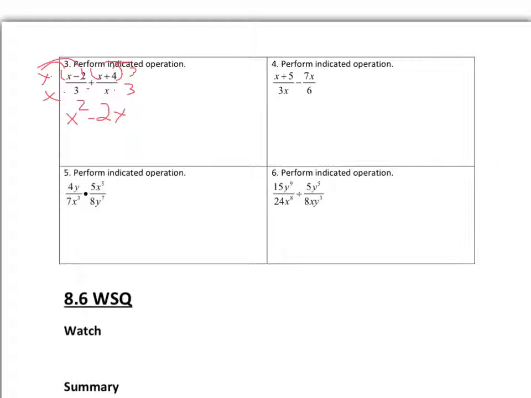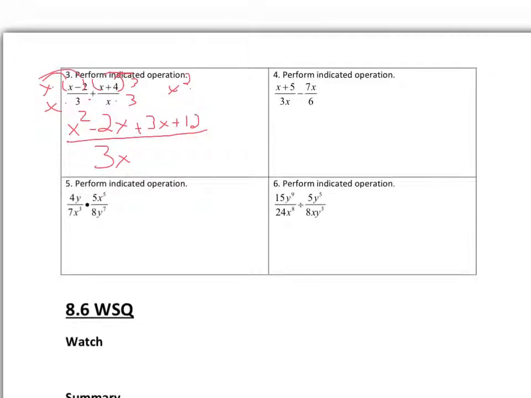So we have 3 times x, 3 times 4. So we have plus 3x plus 3 times 4 is 12, all over 3x. And then if we simplify that, we get x squared. And then we combine the negative 2x and the 3x, and we get plus x and then plus 12 all over 3x. And that would be our answer.